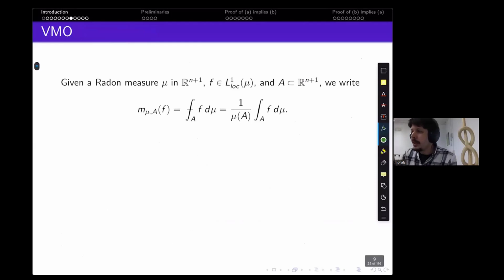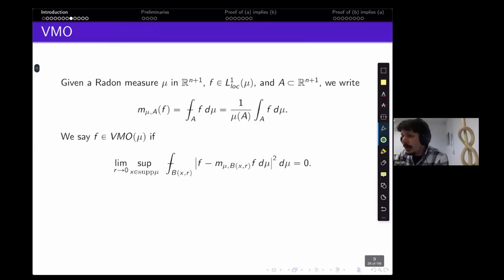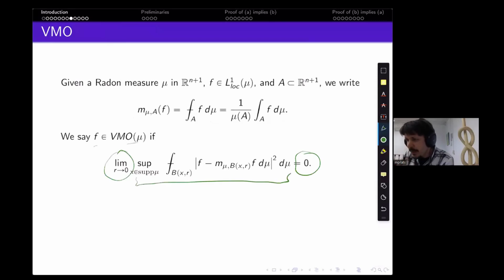Now, this is notation. Given a Radon measure, we write the mean of a function over a set. And now we introduce VMO. It says a function is in VMO of mu if this limit goes to 0. And what is this limit? For every ball centered at the support of the measure, with radius r, you measure the oscillation of the function around its mean in the same ball.